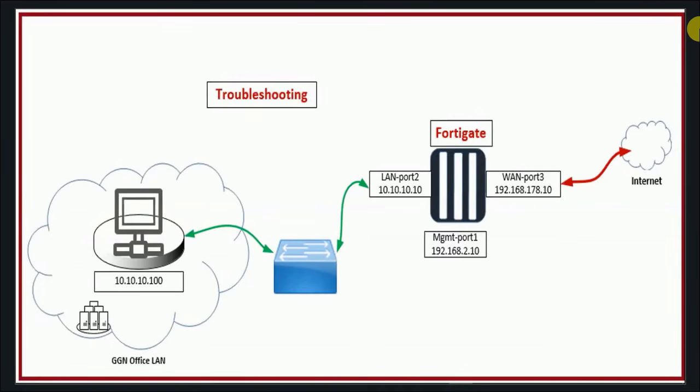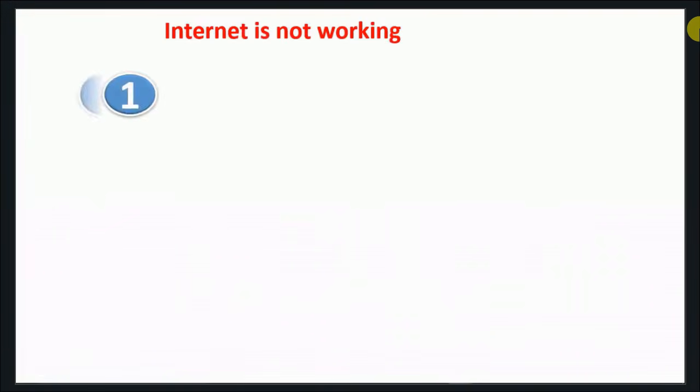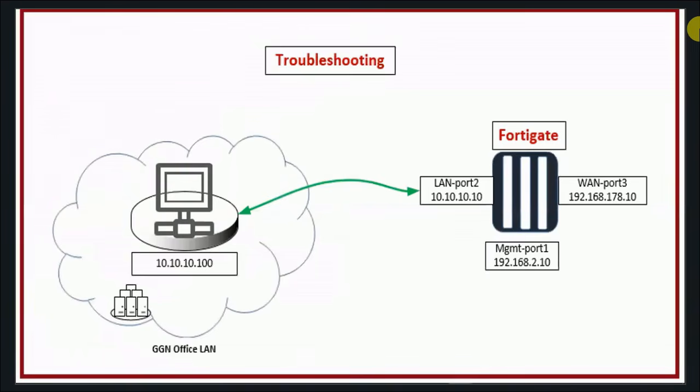Let's move. So this is our topology where I will explain how things work. In our lab, I will create this scenario, where our system is directly connected to our Fortigate firewall, and the Fortigate firewall has this configuration.